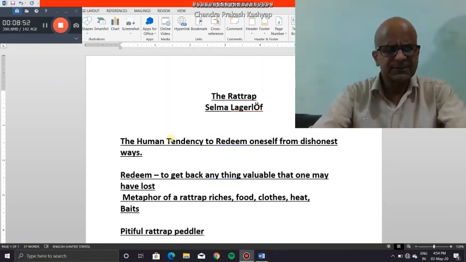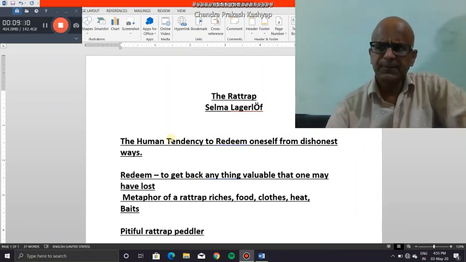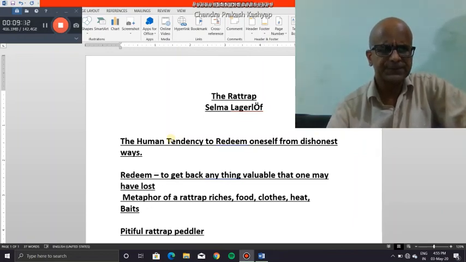Now, once in his lonely wanderings, he sights a cottage by the side of the road, and the master of the cottage, the owner of the cottage, is unusually, very strangely welcoming, and naturally he welcomes the rat trap peddler also.